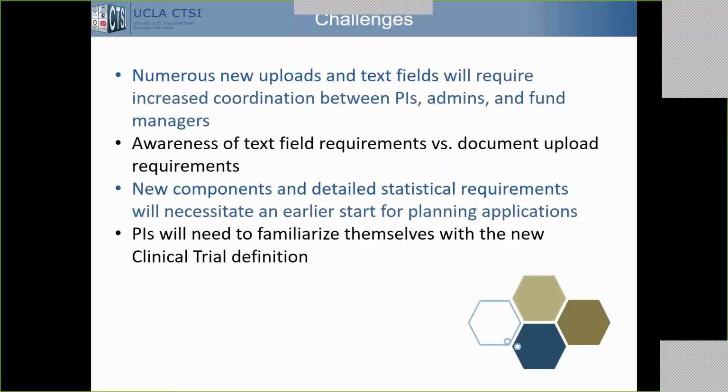It's also useful for PIs to familiarize themselves with the new clinical trial definition. As we talked about before, a lot of studies that you would never have thought met the definition of a clinical trial now meet that definition. If your studies fall into that, you have to be aware of that and review what the new clinical trial requirements are for an NIH application.